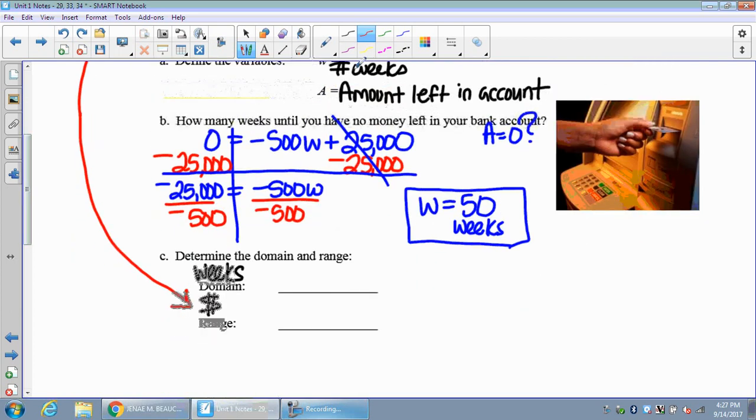So we have a possible value for A, the amount, is between, in a savings account, you're not going to have negative money, so it's between 0 and $25,000.